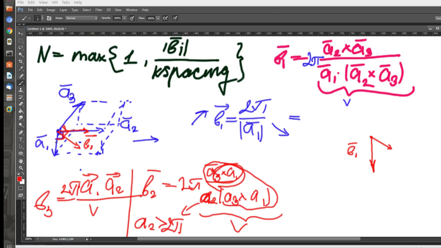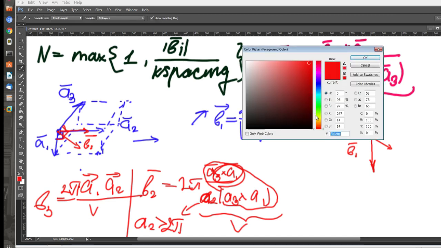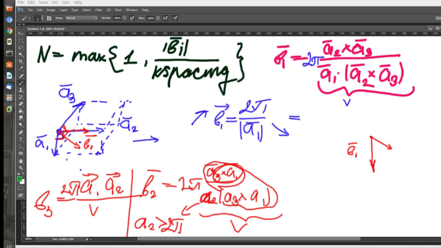We have a1 and a2, and we have that plane, and our vector should be perpendicular to that. And we said that a3 is equal. So b3 should be something like that, and here it will look like that.